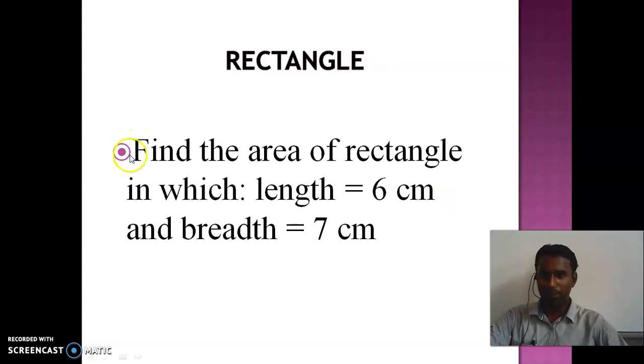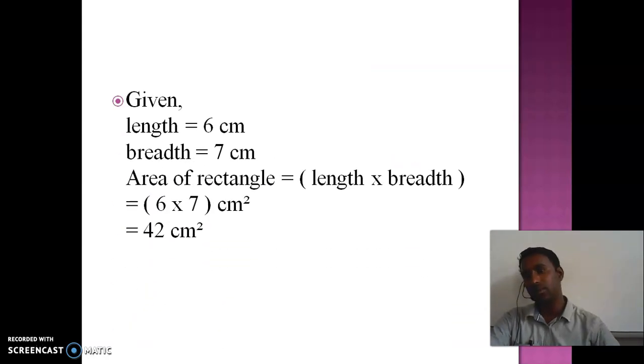The first problem: find the area of a rectangle in which length equals 6 centimeter and breadth equals 7 centimeter. The given length is 6 centimeter and the breadth is 7 centimeter.